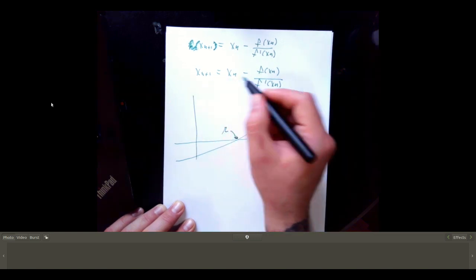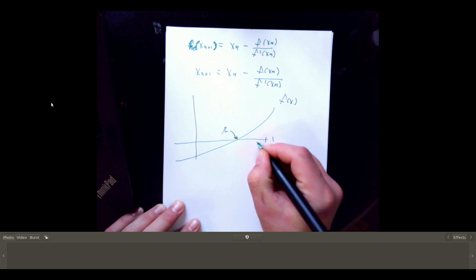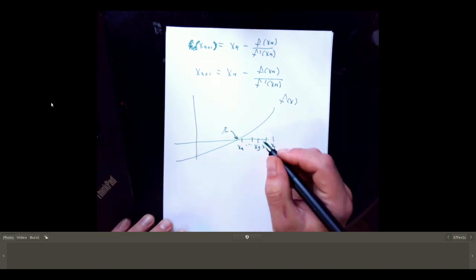So, if we have some function, f of x, and we call the root that we're after r, and the series of guesses we produce, they'd be like x1, x2, x3, and this would continue, x sub n.